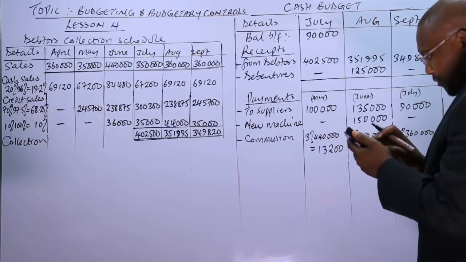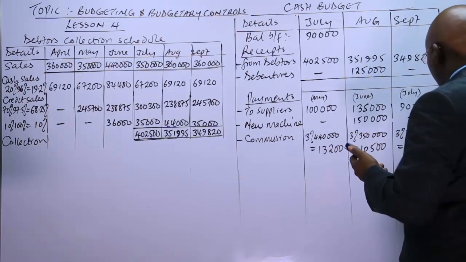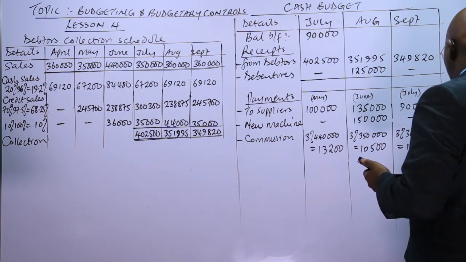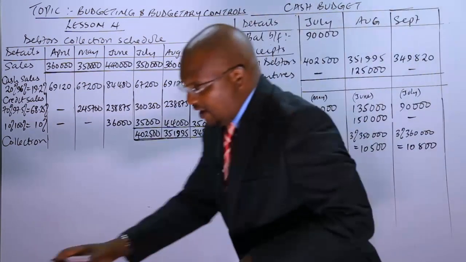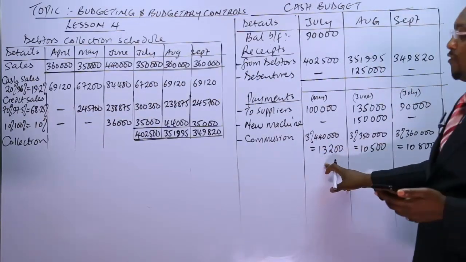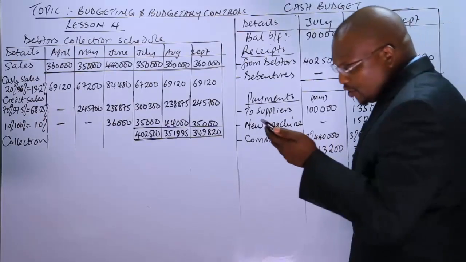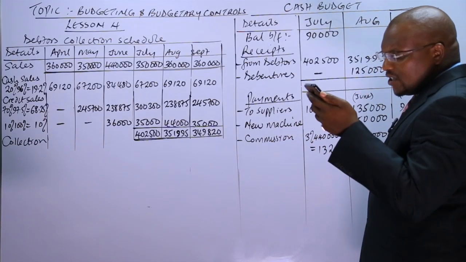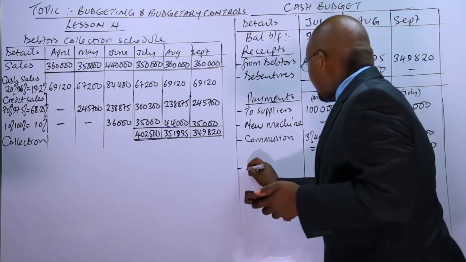And 0.03 of 360, this is 10,800. This is to be paid in those months. Remember, this one was supposed to be for June, but you have paid in July. For July, you are paid in August, like that. Then information number 6, a dividend of 100,000 is to be paid in the month of September. So you have dividend here.